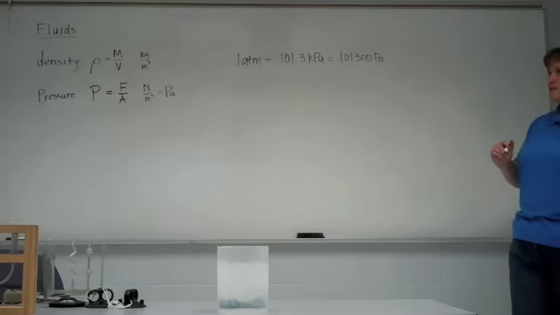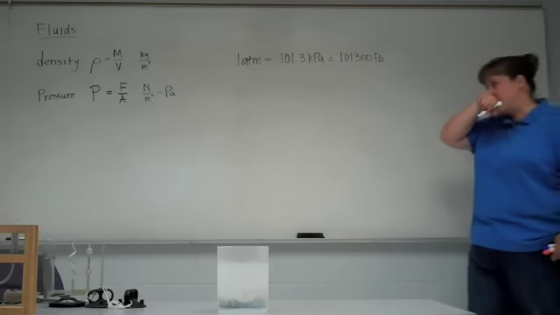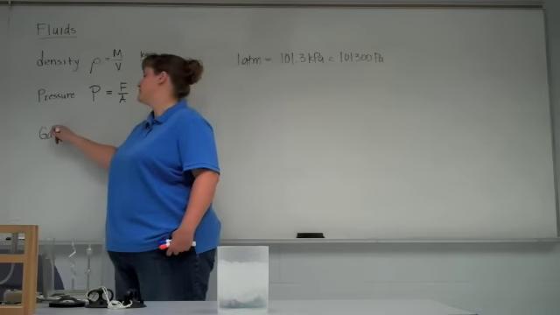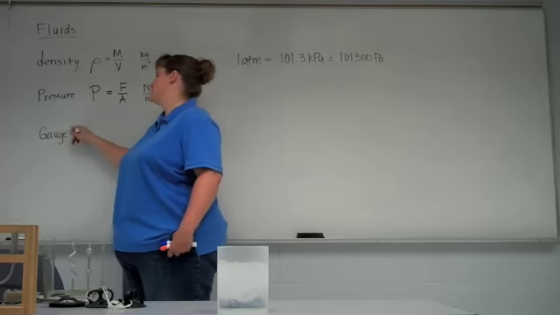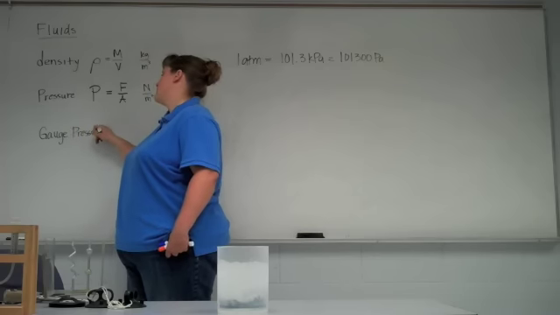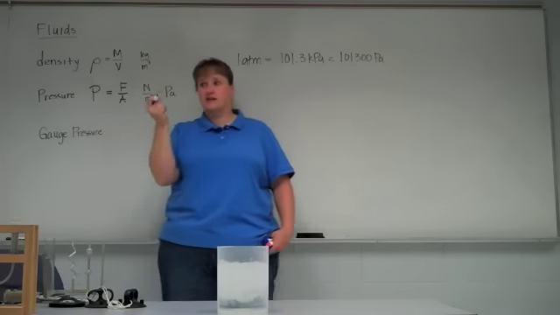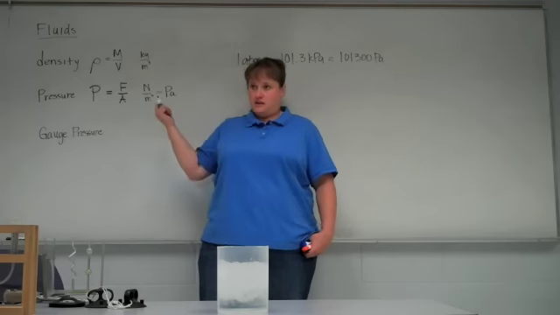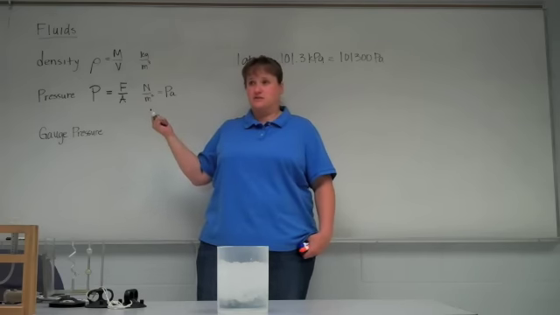Okay, one other piece of terminology that you'll see in our problems is called gauge pressure. For example, if you take your little gauge to measure the pressure in your tire on your car, you're measuring a gauge pressure.